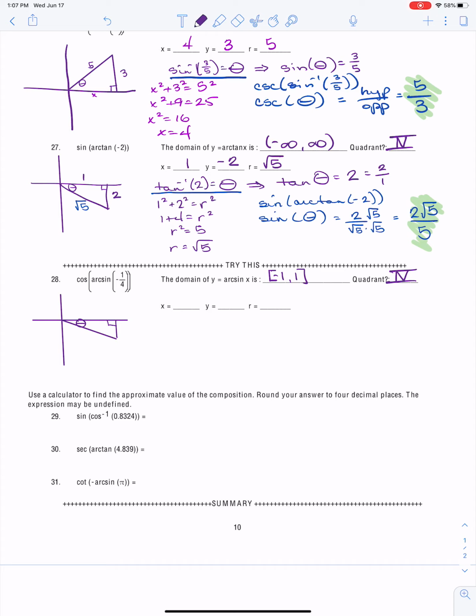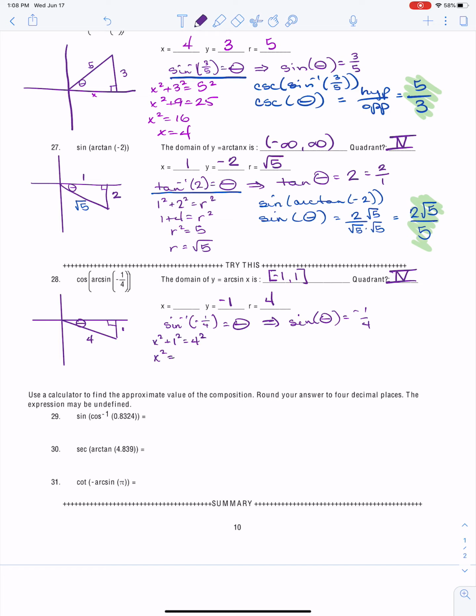Remember, if inverse sine of -1/4, we're going to call that theta. That means the sine of theta is -1/4. We're in the 4th quadrant, so we know that this is opposite. This is our hypotenuse. Our y is going to be -1. Our r is 4. We can solve for x.